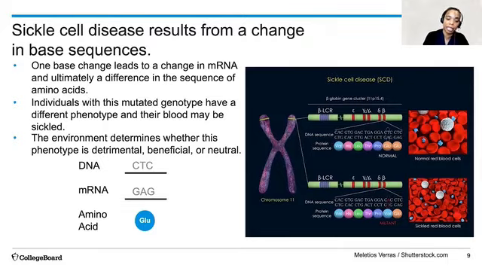So the DNA sequence CTC should produce the messenger RNA GAG, which produces the glutamic acid amino acid. The T is going to be substituted with an A, which is going to change the messenger RNA to a GUG, and that's going to change the sequence. That's going to change the amino acid, and ultimately, that's what produces this different phenotype.